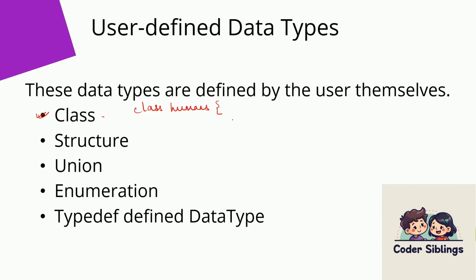And we have characteristics stored in it with functions and all. So these are defined by the user themselves and as per requirement of the user. All of these will also be discussed in the further lectures.